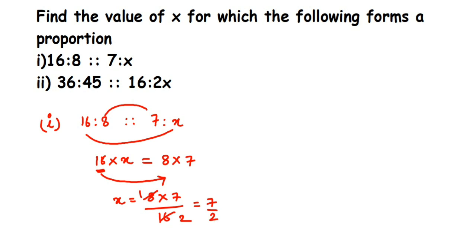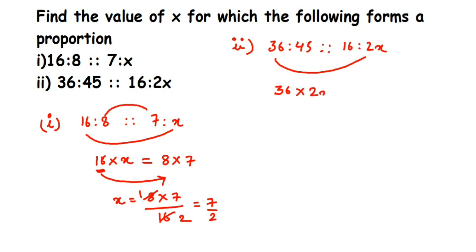The same thing for the second question. So we have here 36 is to 45 in proportion with 16 is to 2x. We have to find the value of x here. Okay, so again the same thing, the product of extremes, that is 36 into 2x, will be equal to the product of means, that is 45 into 16.